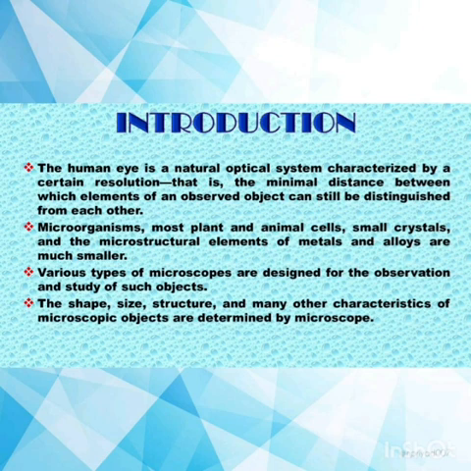Various types of microscopes are designed for the observation and study of these objects. The shape, size, structure, and many other characteristics of microscopic objects are determined by the microscope.